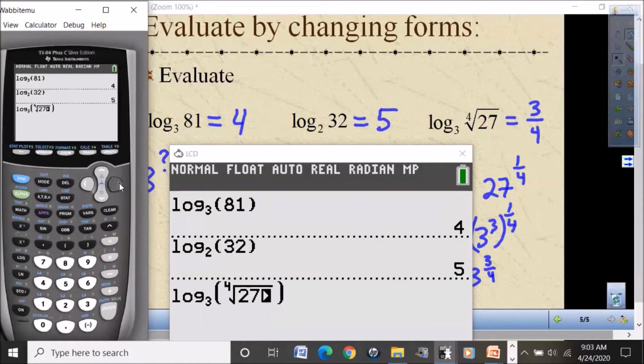Now, if you don't want to go to that trouble, you could also say 27 to the 1/4 power without having to go through the math menu. And again, this agrees with our answer. 0.75 is the same as the fraction 3/4.